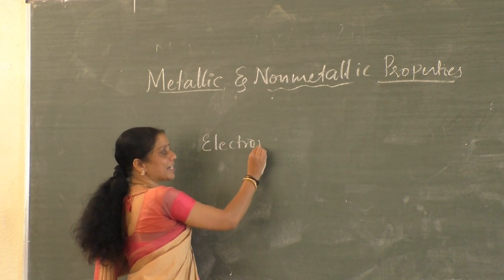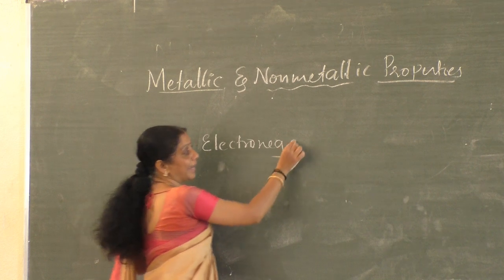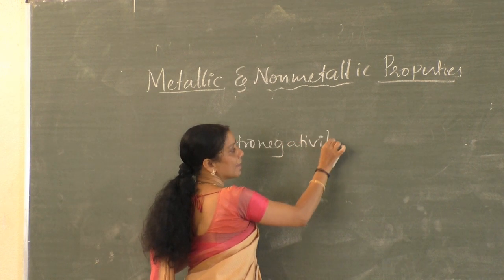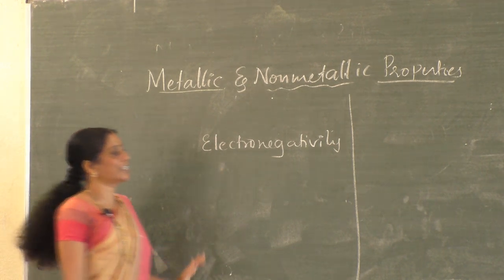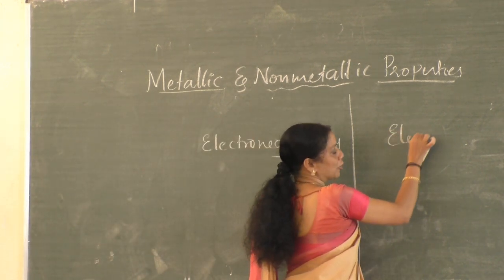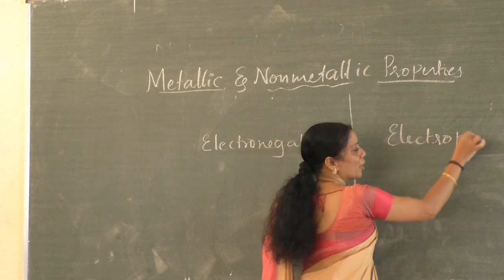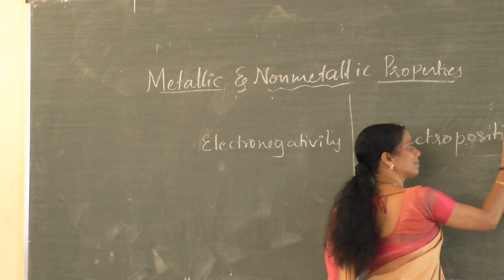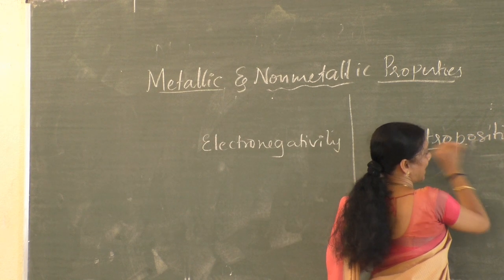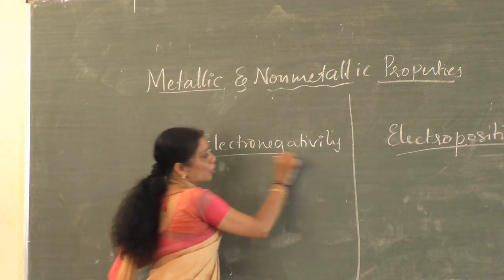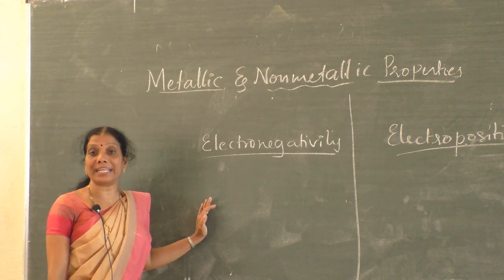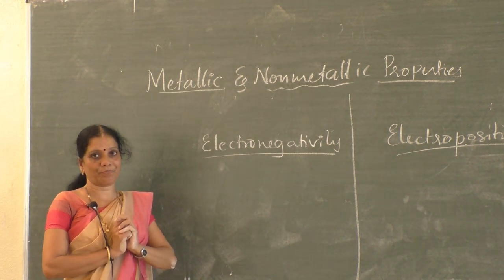Let us study about electronegativity. And another term you have to study here is electropositivity. That means electropositive nature, and we have to consider here electronegative nature, electronegativity and electropositivity.